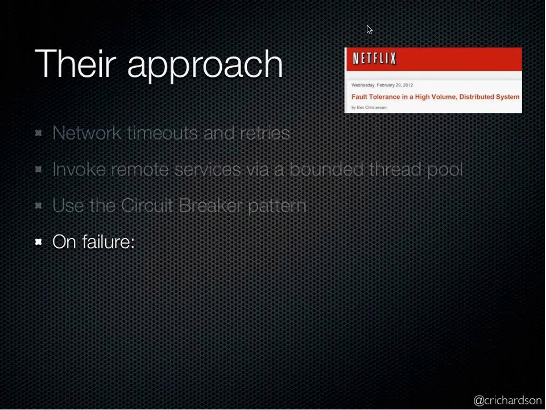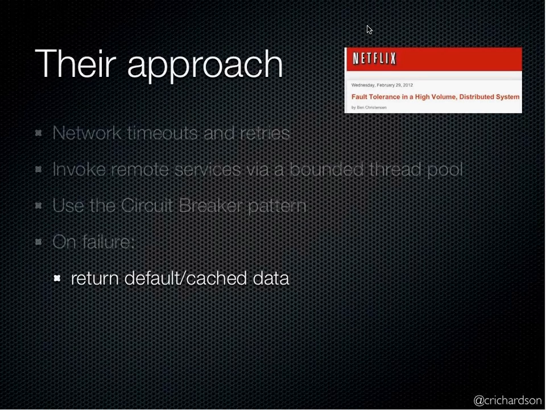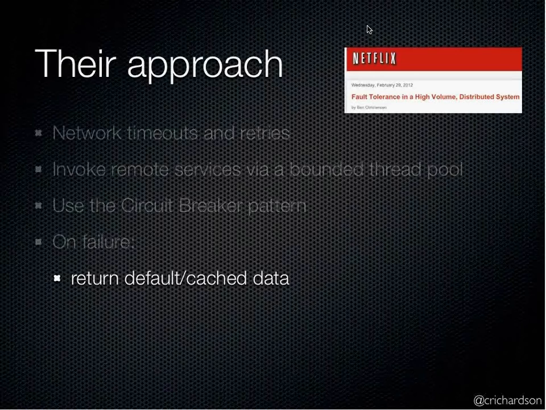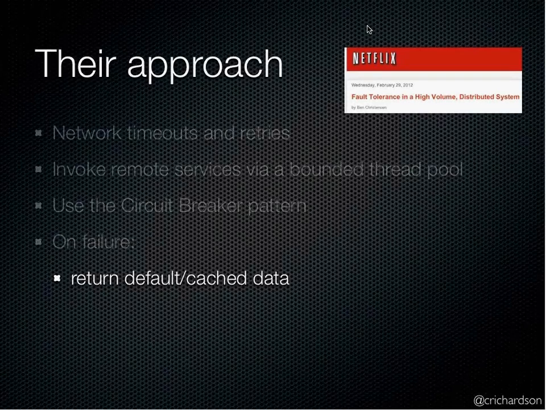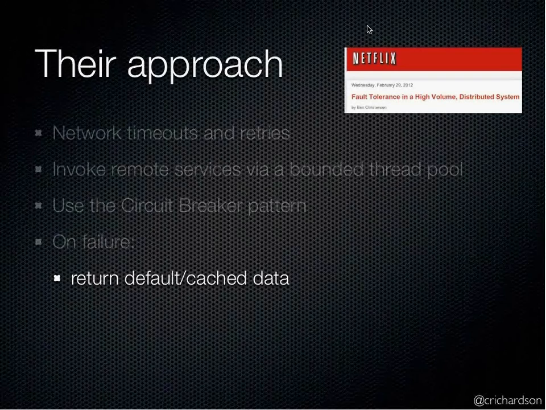Now, obviously, if there is a failure, what can you do? Well, one option is rather than just failing back to your caller, you actually return default or cached data. A great example of that is if you've called a recommendation service and the recommendation service is not available, you still want to display the product page. So in this case, the default data is null.